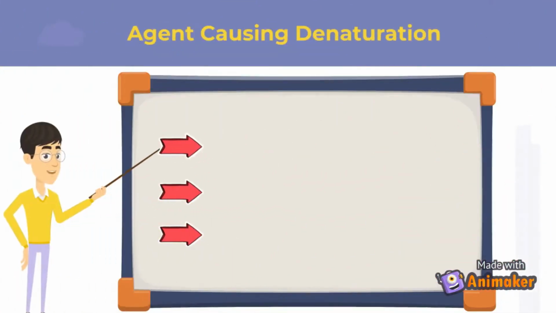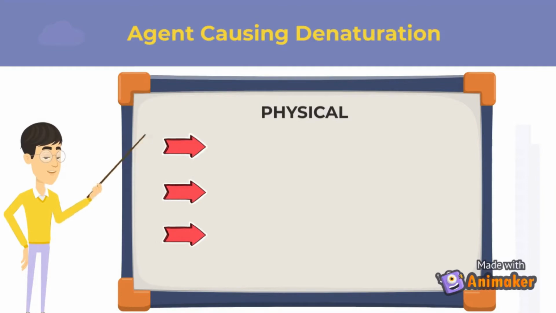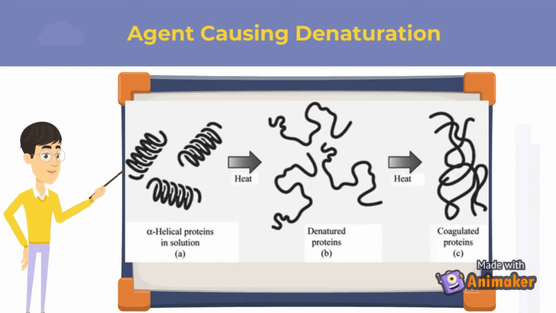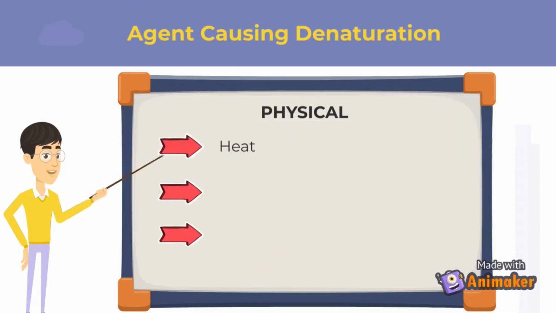Okay. Next is agents causing denaturation. There are two categories of agents that can cause protein denaturation, which are physical and chemical. The first one is heat. Most proteins can be denatured by heat, which affects the weak interactions in a protein, primarily hydrogen bonds, in a complex manner. The second is hydrostatic pressure.